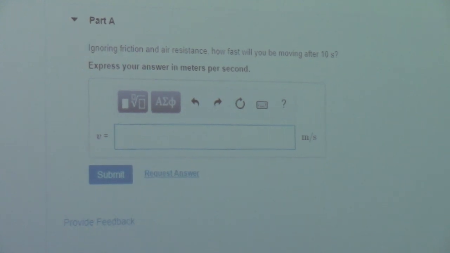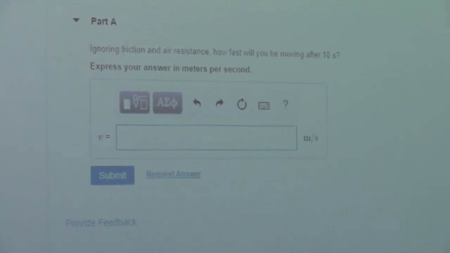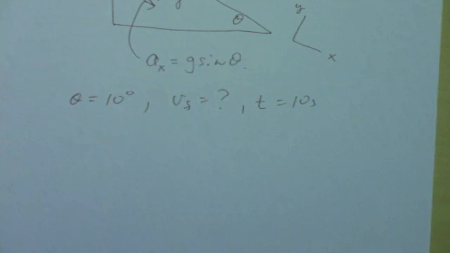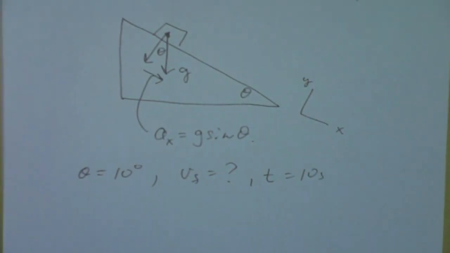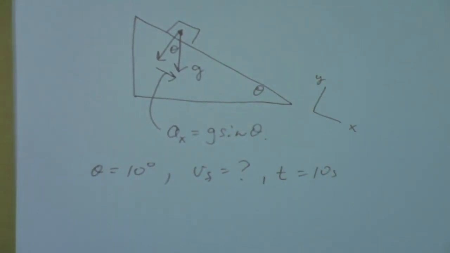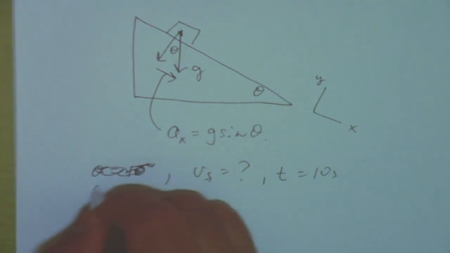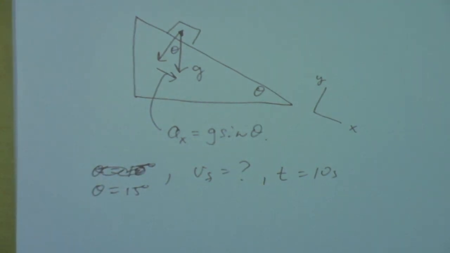Theta is 10 degrees, and we're asked how fast will you be moving after 10 seconds. 15 degrees, oh yes, thanks Rick. And 10 seconds.